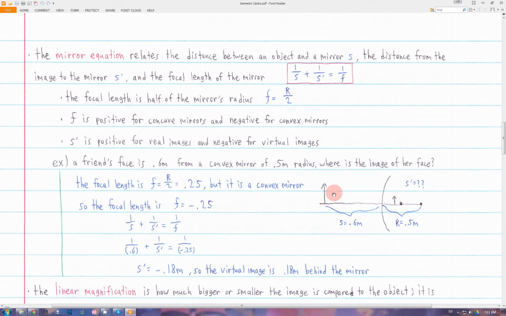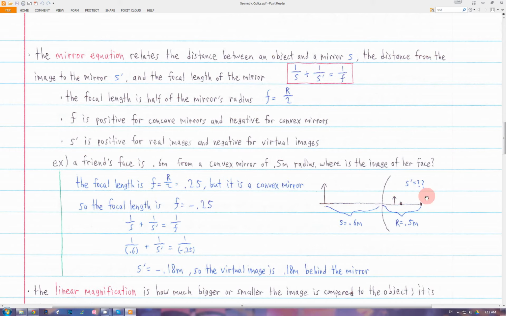Since the outgoing light is in front of the mirror, and the focal point is behind the mirror, the focal length is negative 0.25. So then we just plug into the mirror equation. S is 0.6 and F is negative 0.25, and we can solve for S prime, which is negative 0.18 meters. Since this is negative, we know it's a virtual image, 0.18 meters behind the mirror.